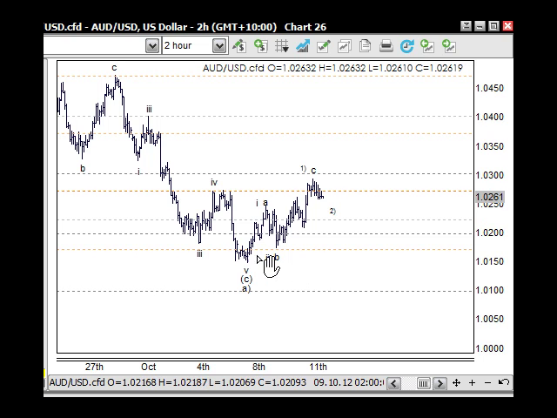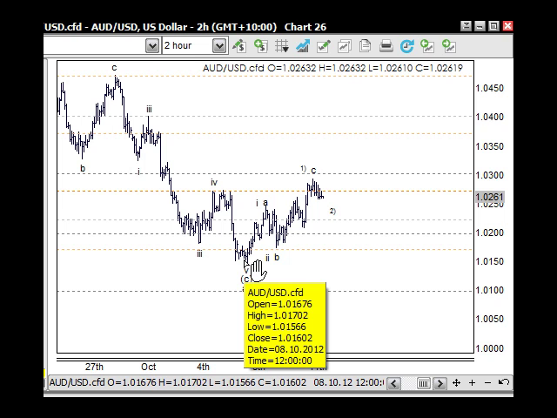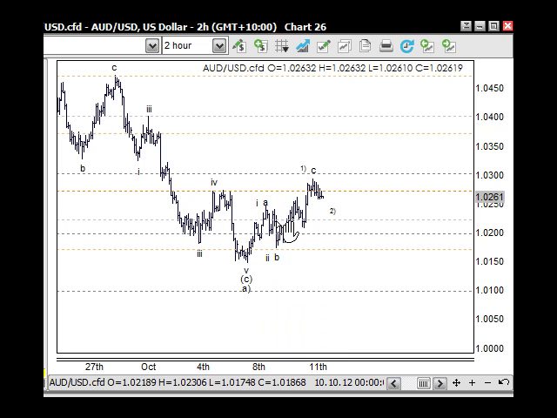Now that would mean that we would need to see an impulse wave move up through here. So how we've been counting it so far, and yesterday and the day before and so forth, as an A and a B and a C wave up through to here. Okay, that would be finishing in this area through here.